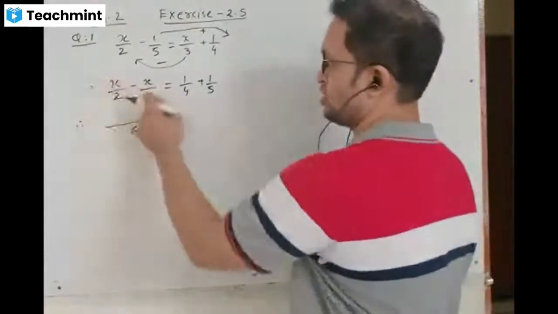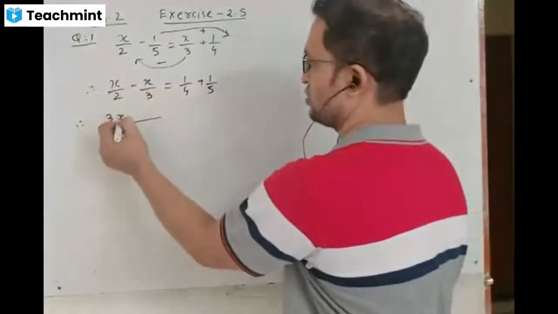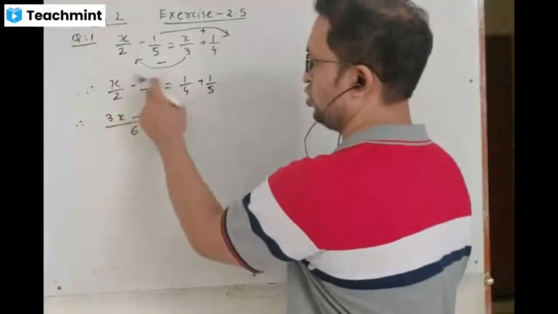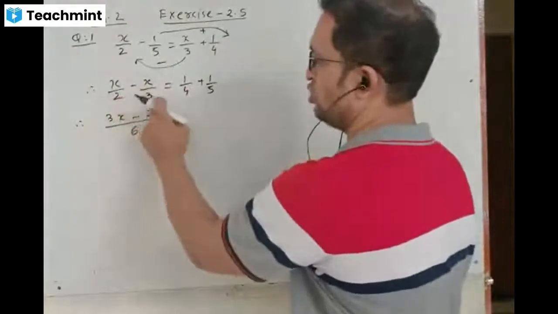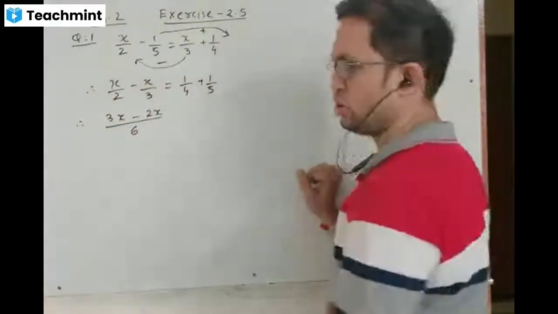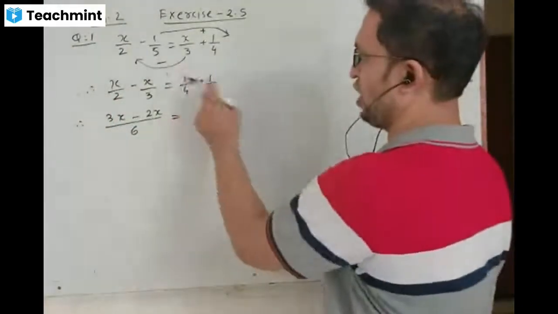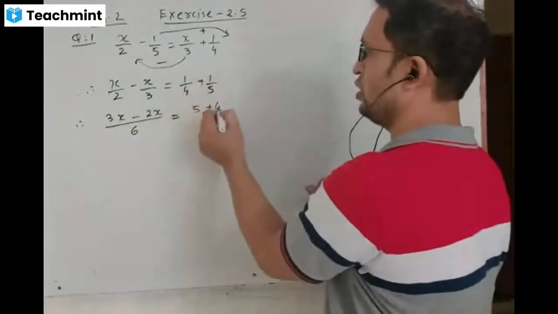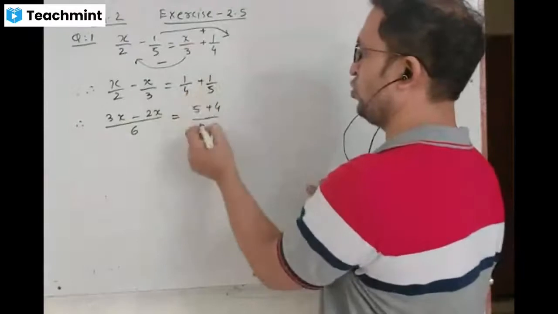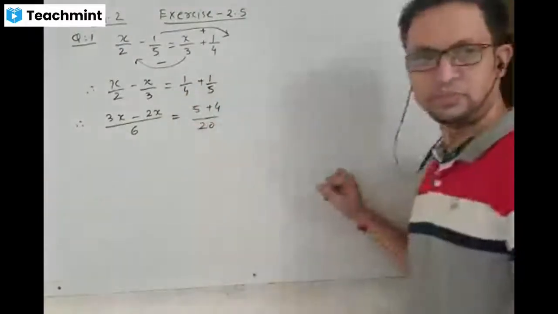3 into x is 3x, cross multiplication 3x minus 2 into x is 2x, divided by 3 times 2, which is 6. Similarly, 5 ones are 5 plus 4 ones are 4, divided by 4 into 5, that is 20.